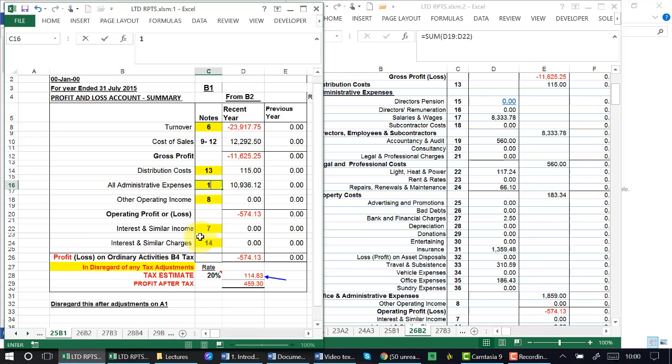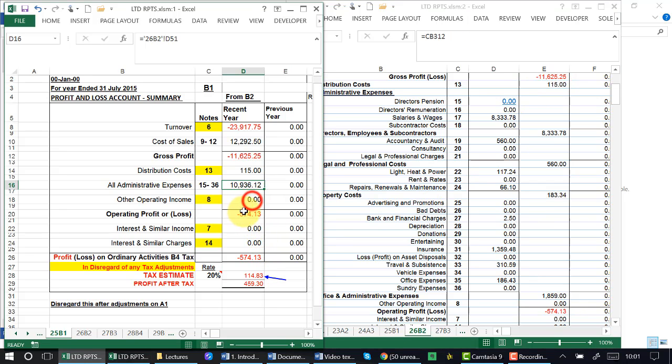Actually 15. Let me copy this because it's also going to mess up. Copy into there. That's 15 to 36. That is a 1036. That is all administrative expenses, and that includes distribution costs up there.